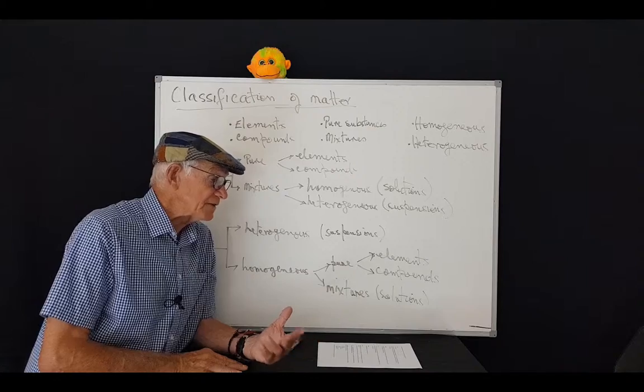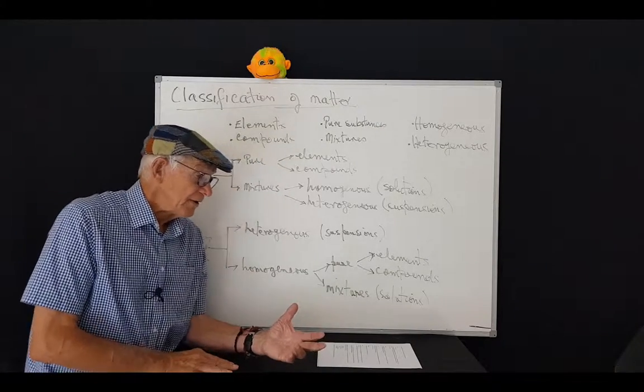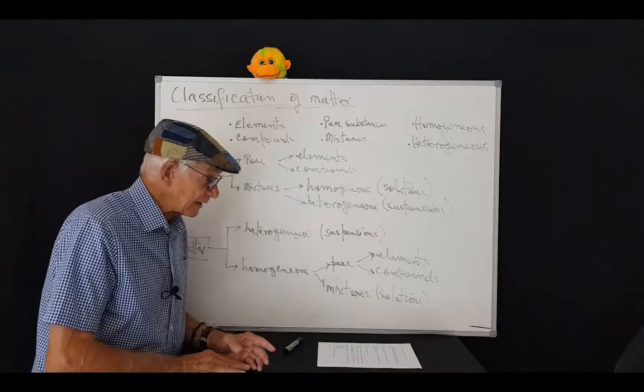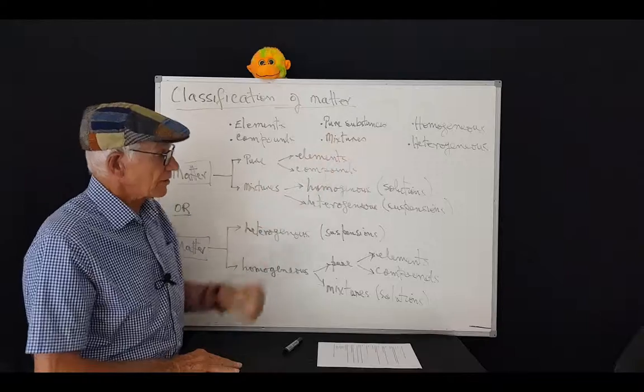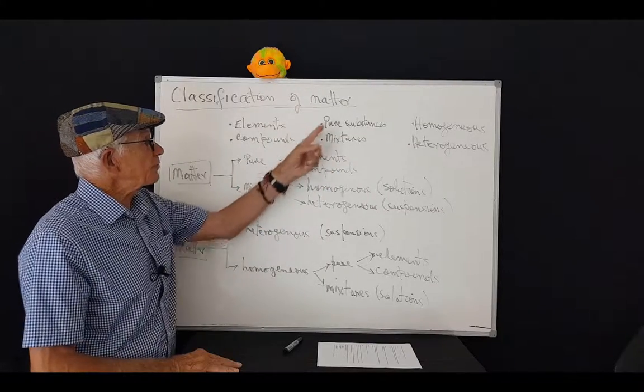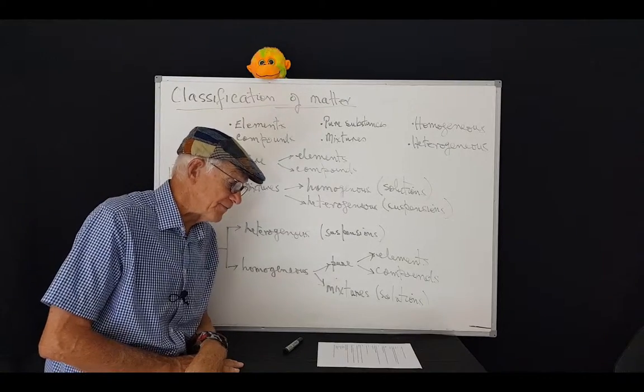We can classify stuffs. And in introductory chemistry, it's very common to talk about, by example, classifications that involve these 6 concepts: elements, compounds, pure substances, mixtures, homogeneous and heterogeneous.